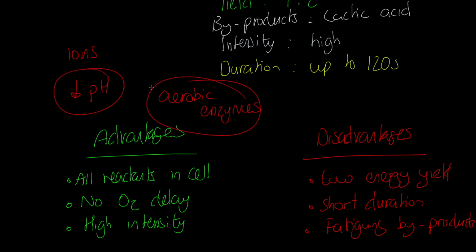These enzymes are denatured. That means they change their shape, and their binding site becomes non-available. Go back to your lock and key theory from GCSE. As a result of that, we get a rapid loss of energy release, and therefore we fatigue very quickly afterwards.